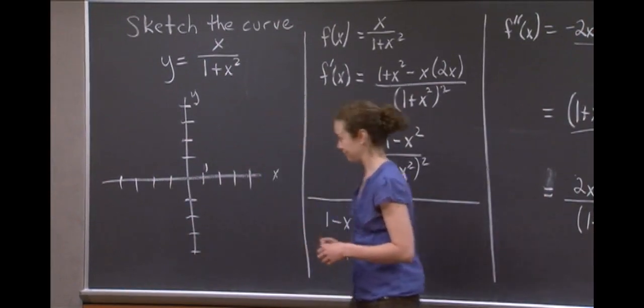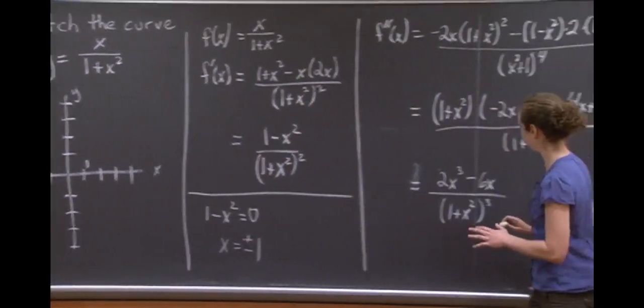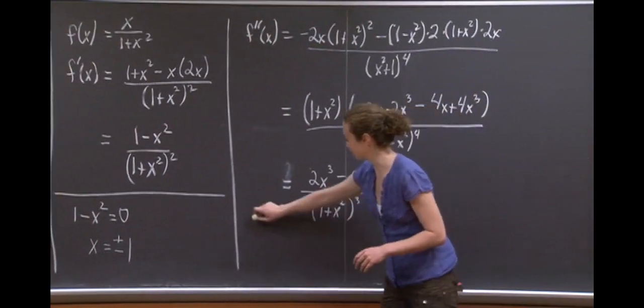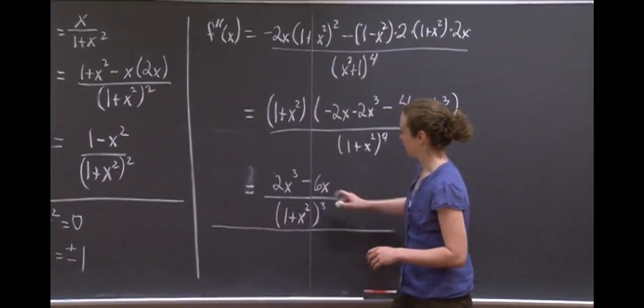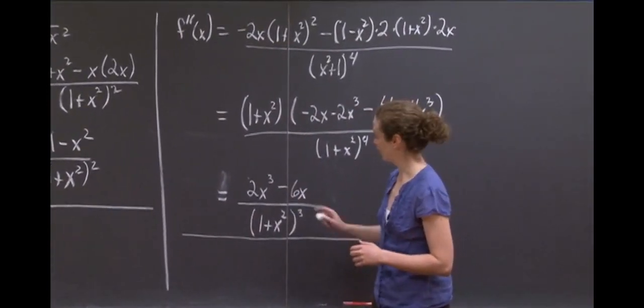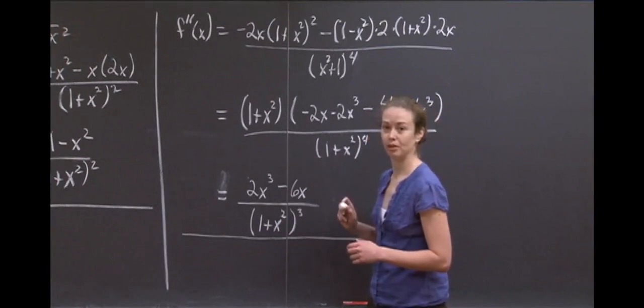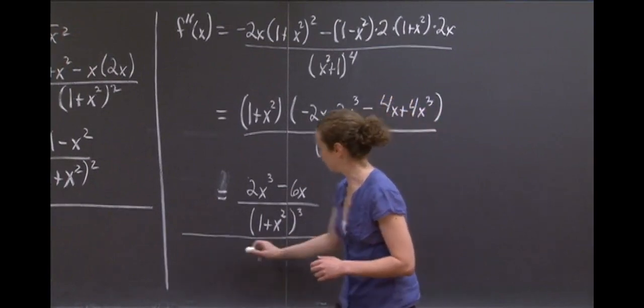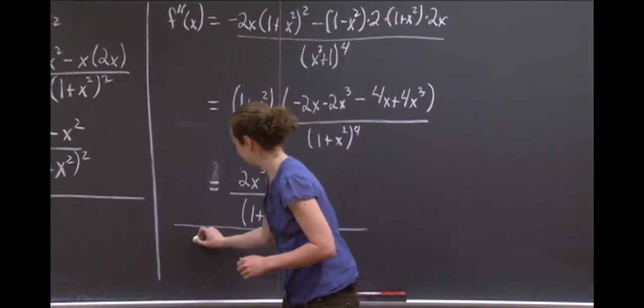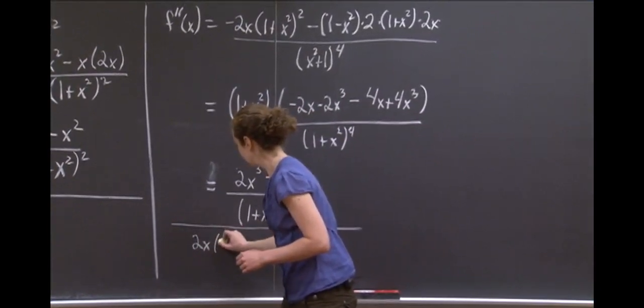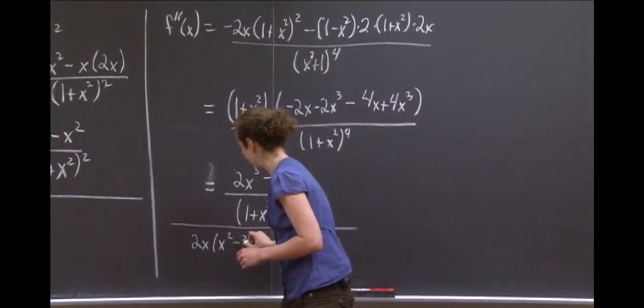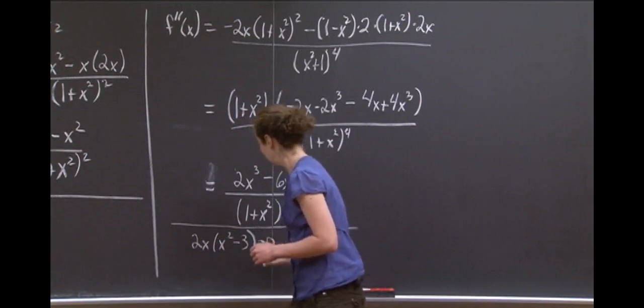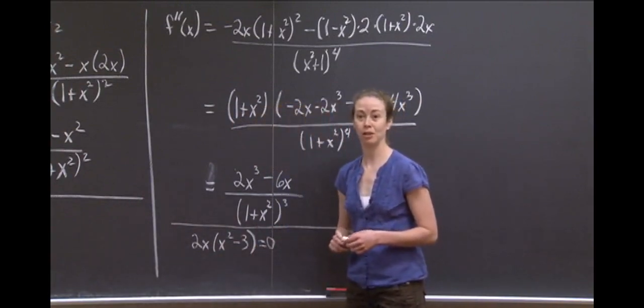Now let's just come over here and look at when the second derivative is equal to 0. So the second derivative is equal to 0 again when the numerator is equal to 0. So let's look at what we get. Well, if we factor that, we get 2x times (x squared minus 3) equals 0. So this has 3 places it's going to be equal to 0.